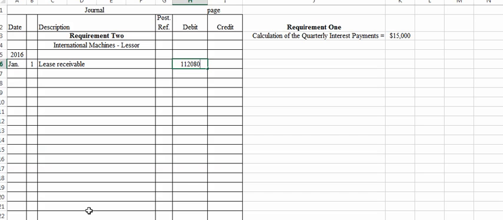And they're going to credit not equipment this time, because $112,080 is the price they're selling it for, not their cost. So we're going to credit sales, or I think your book says sales revenue, either one would be fine, $112,080.